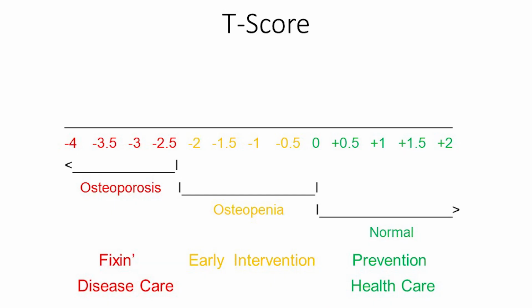You might recall video 206 when I made the distinction between prevention, early intervention, and fixin'. In that video, I showed you this. We would all prefer to discover our bone loss in the low normal green range or in the early intervention yellow range.